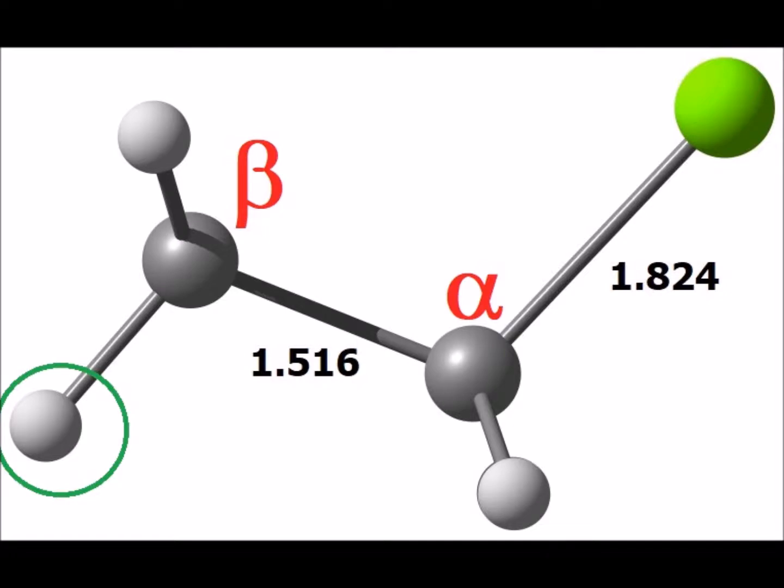Circled in green is one of the hydrogens that is attached to the beta carbon, therefore it is a beta hydrogen. Here is the second beta hydrogen, and there is a third beta hydrogen eclipsed behind this hydrogen, also attached to the beta carbon.